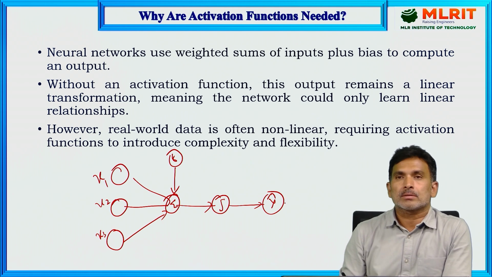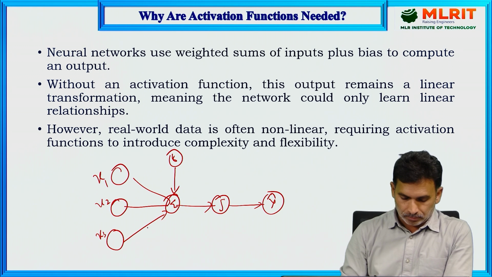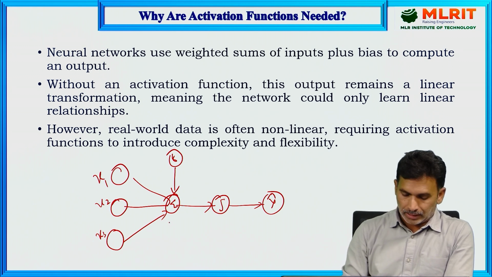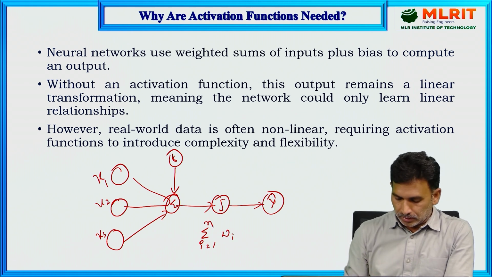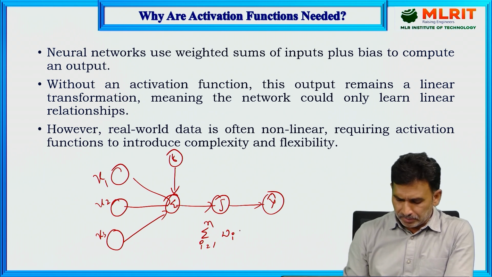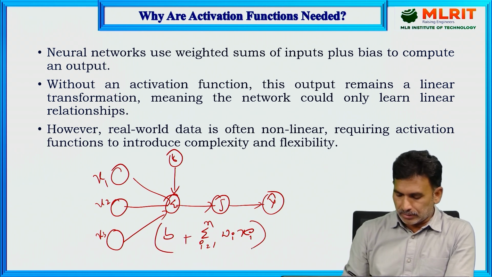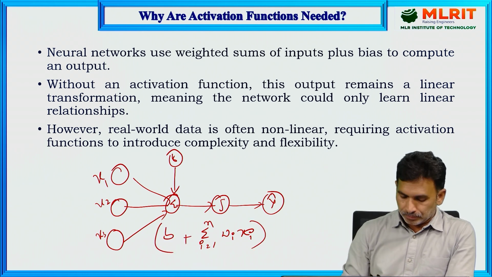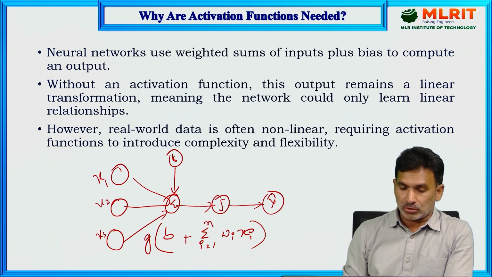So it simply calculates the weighted sum of inputs and then adds the bias, that is sigma i equal to 1 to n, if there are n inputs, of w_i x_i plus the bias term, and then it is passed to the non-linear activation function. Then it decides whether it should be activated or not.